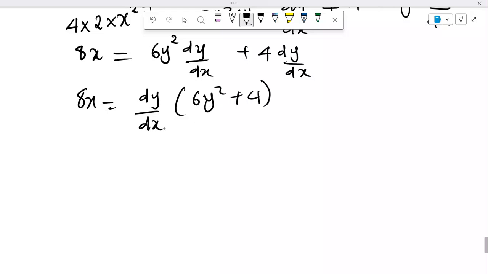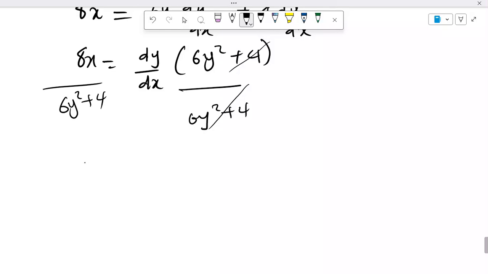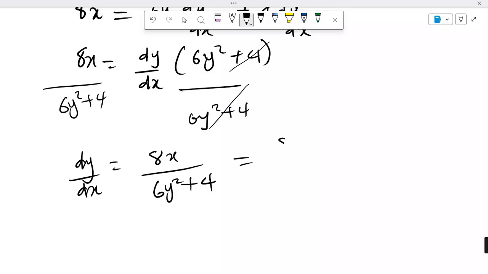Then we divide by 6y squared plus 4 on both sides, so this term and this term cancel out. dy/dx equals 8x over 6y squared plus 4.